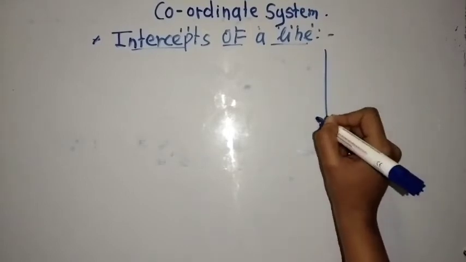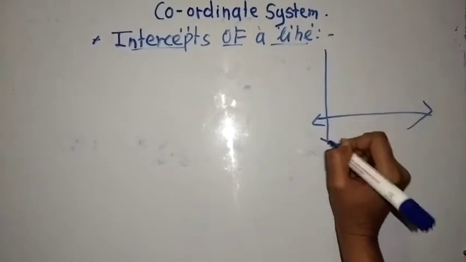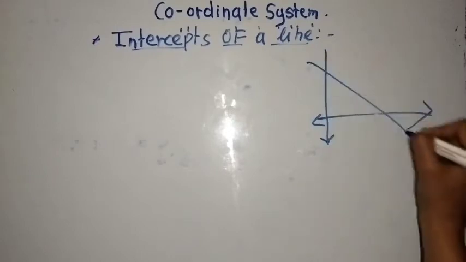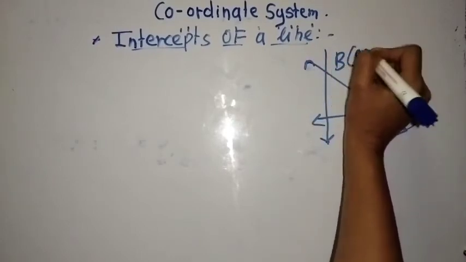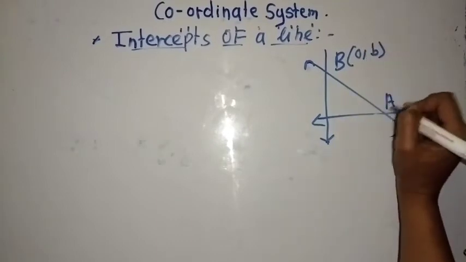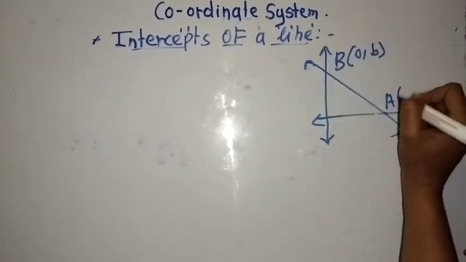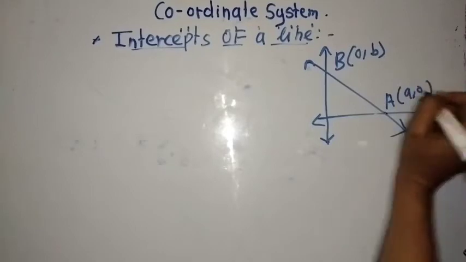Here this point is 0B and this point is A0.